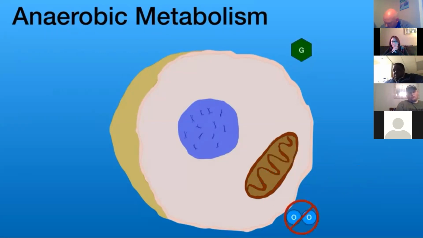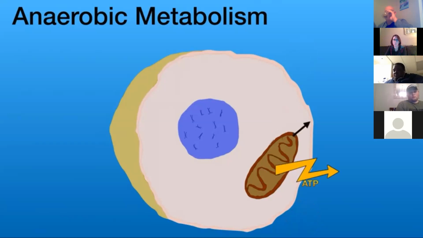In anaerobic metabolism, there is no oxygen, so you have just the glucose. Again, it moves inside the cell with insulin, and then inside the mitochondria, where it is broken down, and a small amount of energy, or ATP, adenosine triphosphate, is given off. There is a byproduct, and that is pyruvic acid.